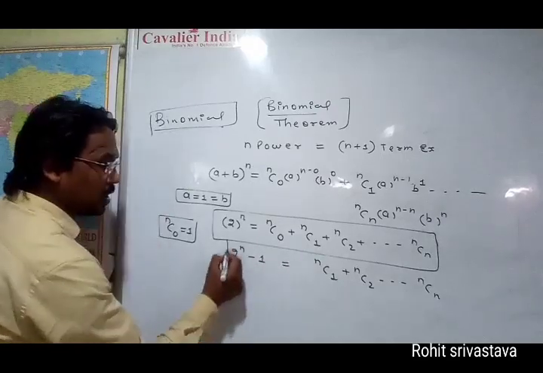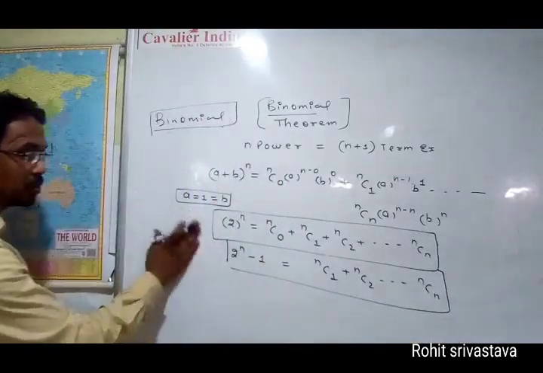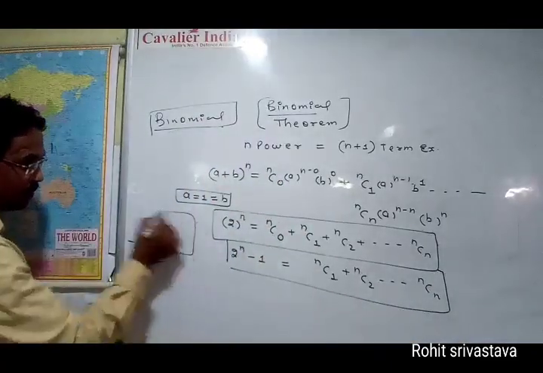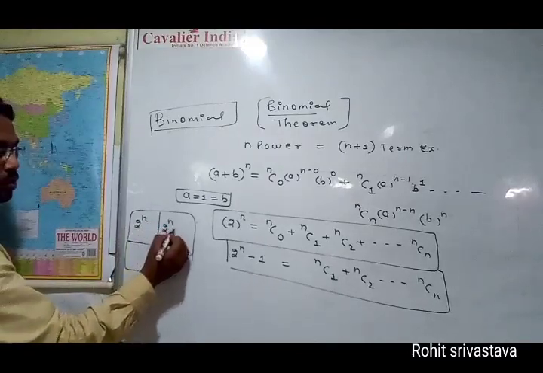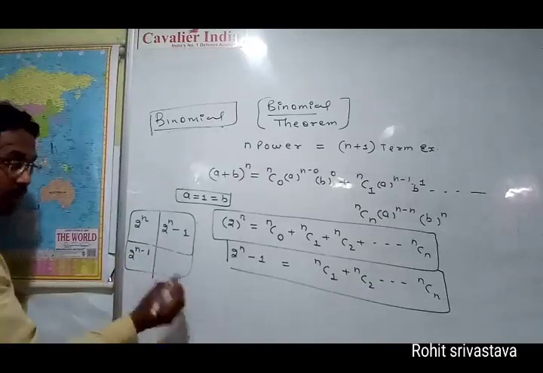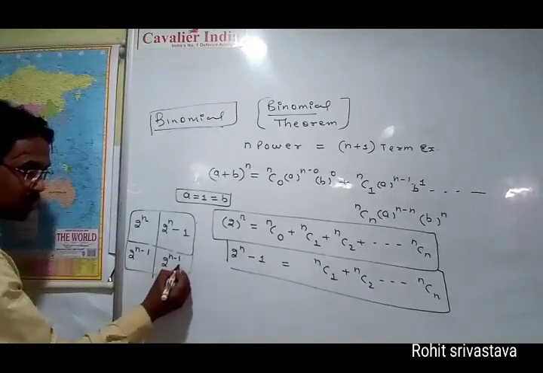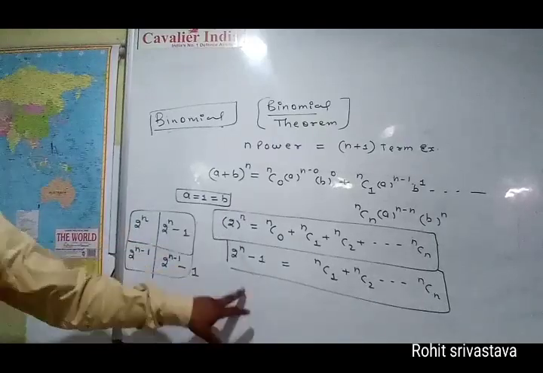In the paper they provide this kind of 4 options: 2 to the power n, 2 to the power n minus 1, and another one 2 to the power n minus 1 minus 1. So for these 4 options, here is the question.